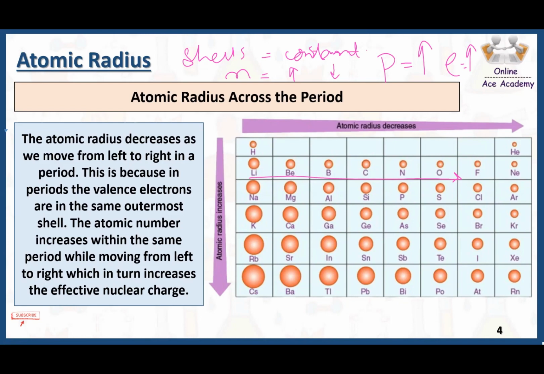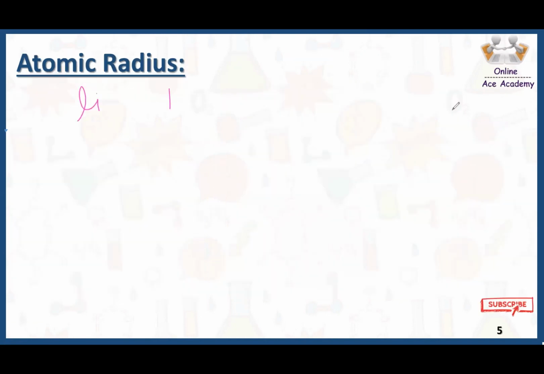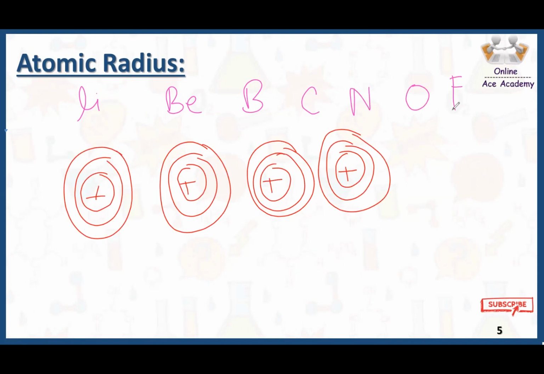We can understand this concept with the help of an example. Here in the period we have lithium, beryllium, boron, carbon, nitrogen, oxygen and fluorine. In all these atoms we have a constant number of shells. Now let's compare lithium and carbon. In lithium, we have 3 protons and 3 electrons.